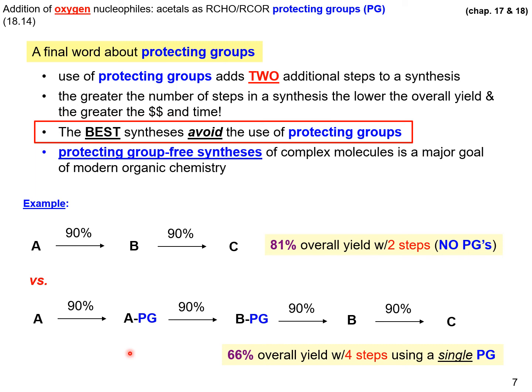So please do not feel that you have to use a protecting group in your syntheses, and really pretty much all of the synthetic problems you're going to be assigned can be done without using protecting groups, unless it's one that is asking you to use a protecting group.